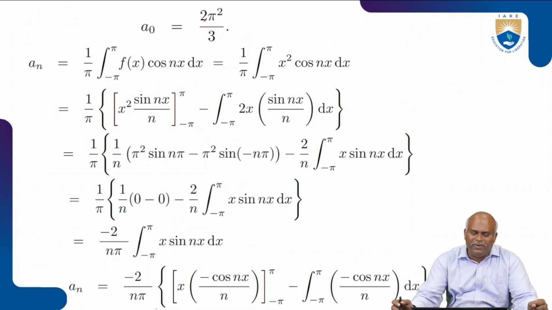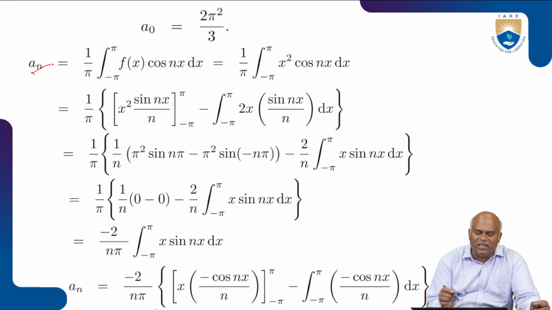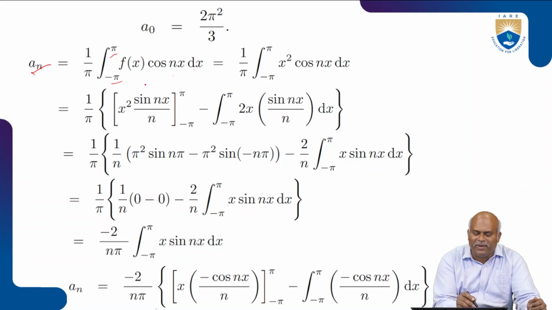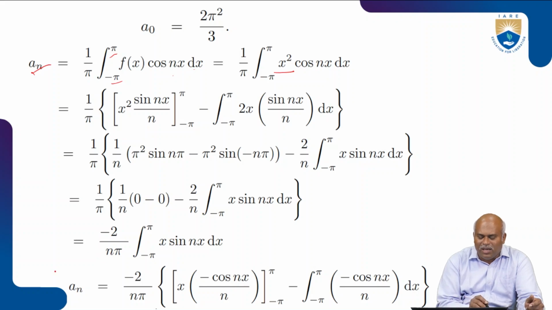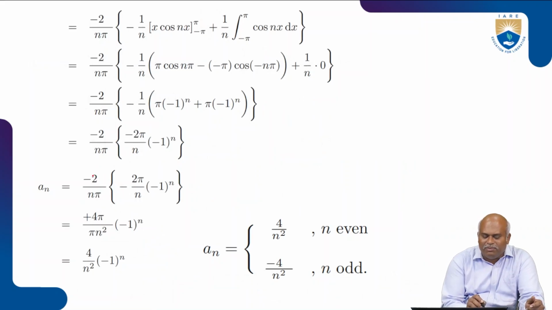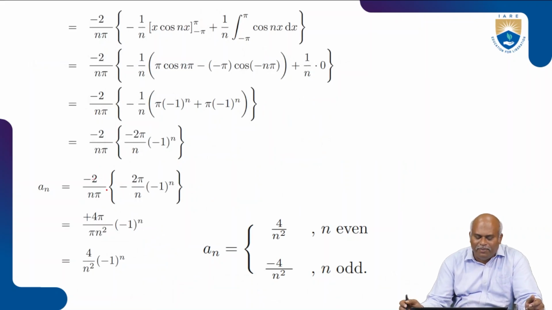In the same way, we find a of n also: 1 by pi integration between minus pi to plus pi f of x cos nx dx. The f of x is x square. We do the integration and substitute the interval. We get the output of a of n equal to minus 2 by n pi, minus of 2 pi by n, minus of 1 whole power n.